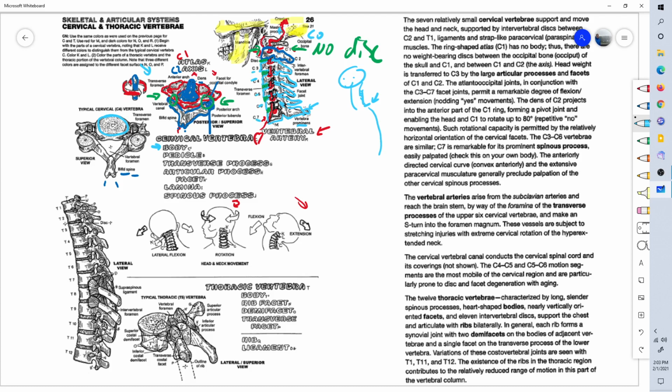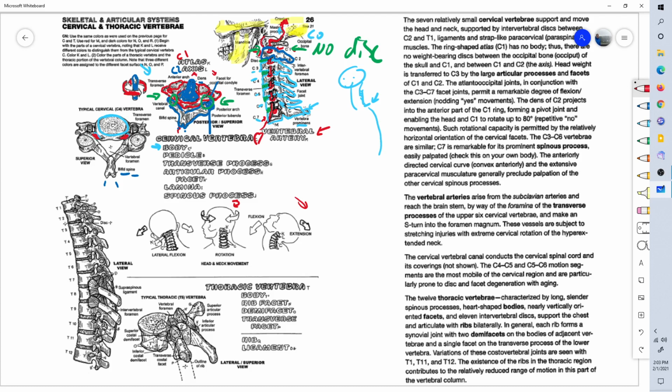And what is called a, so the body, then the pedicle. Pedicle is this little area right here. The pedicle coming off the body, so let's make them in different colors. The pedicle, let's make it red.